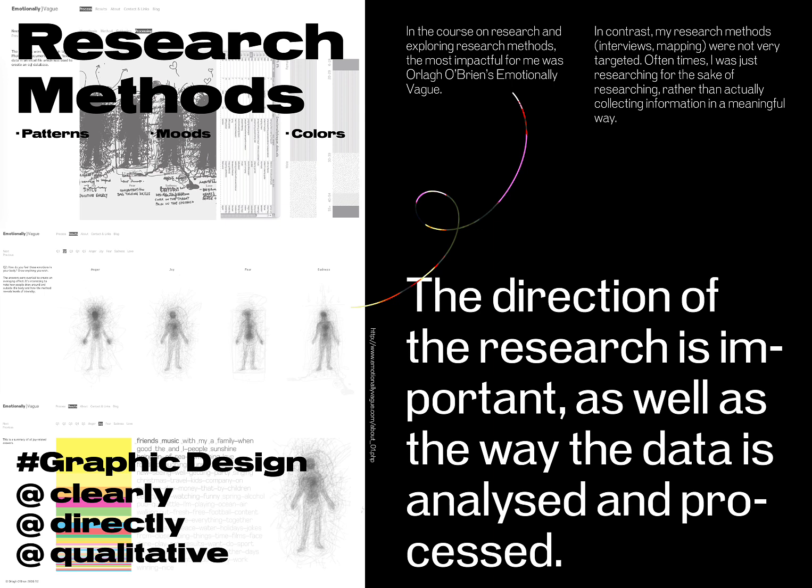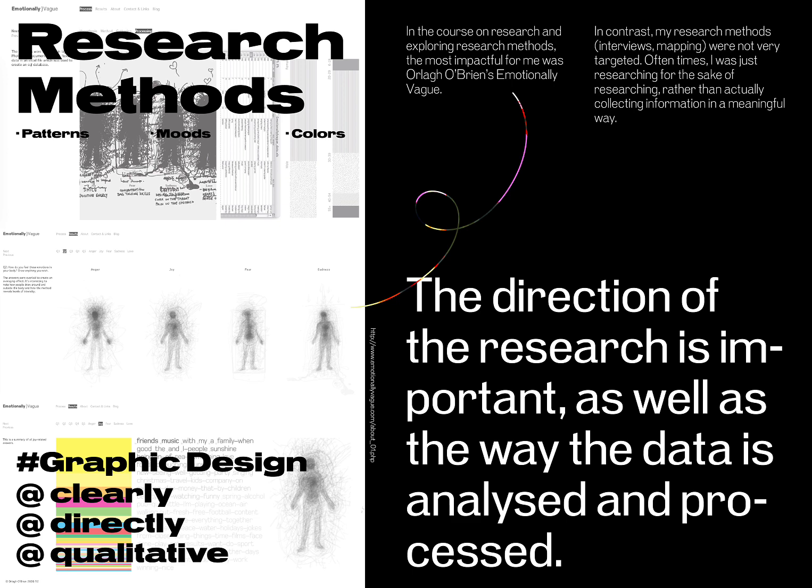To be honest, a lot of times during my personal research, I don't really know what I'm going to do. The simple fact is that I don't have a clear target. So I've always wasted a lot of time for very little gain. So now I think the direction of the research is important, as well as the way the data is analyzed and processed.